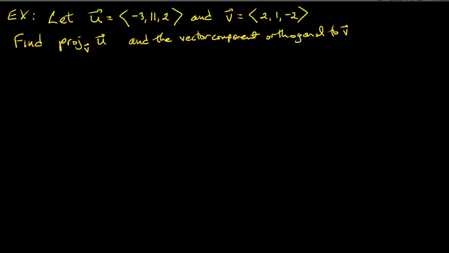Okay, so we'll end with one last example here. We have two vectors, u and v, and we want to find the projection of u onto v, as well as the vector component orthogonal to v. So in other words, we want to find w1 and w2 here. Right.